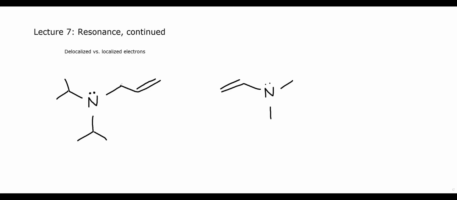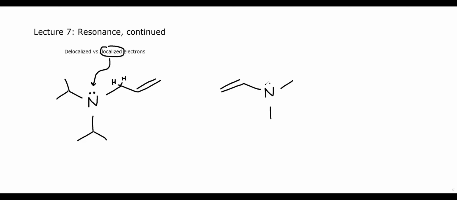There's a double bond, but we have this sp3 hybridized carbon in the way. There's no resonance because we do not have an allylic lone pair. We don't have a lone pair in the allylic position adjacent to a double bond or a positive charge, right? So this lone pair is not participating in resonance, which means that those electrons are localized. Those electrons are not moving around.